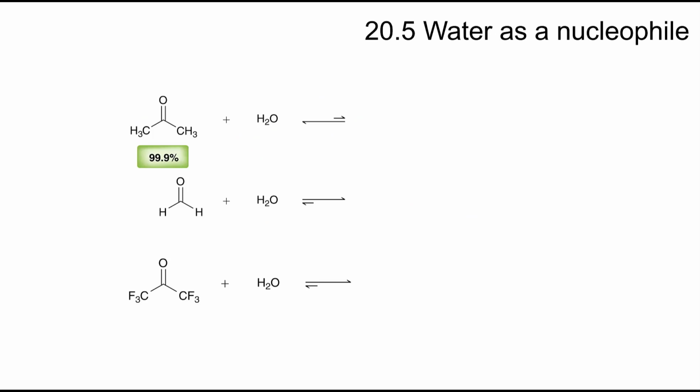Water can be used as a nucleophile in these reactions. If you have a ketone plus water, you could form the diol, but the equilibrium favors the acetone as opposed to this diol.